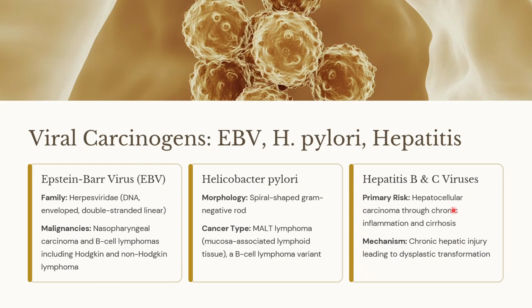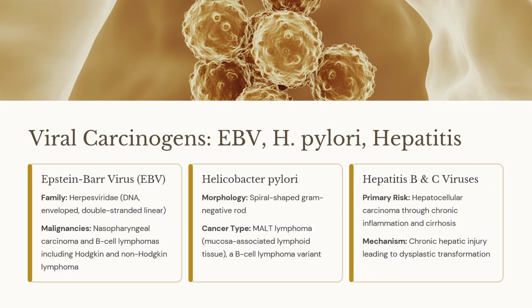The less known fact is that Helicobacter pylori, which is a spiral shaped gram negative rod that generally causes gastritis, can cause MALToma or MALT lymphoma, which is a B cell lymphoma variant. Of course, it is treatable, but it causes MALT lymphoma.